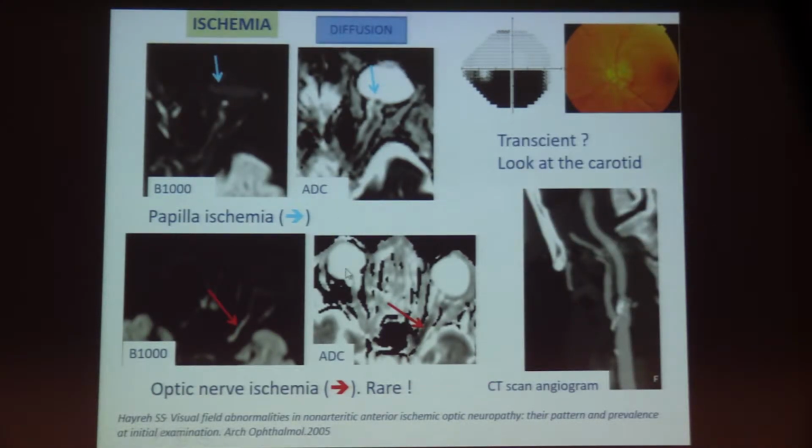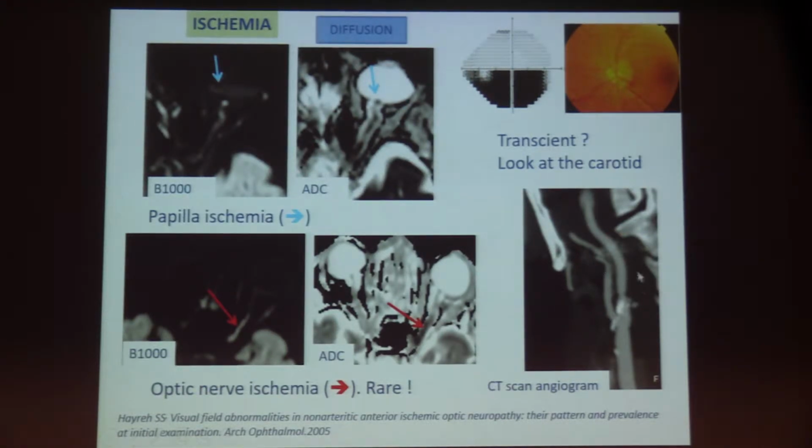When it's transient, when the visual loss happens, and after 1 hour it disappears and it comes again, you absolutely have to see if there is something wrong with the carotid artery, because you have to rule out a stenosis, or make the diagnosis of stenosis, which can need treatment in emergency.